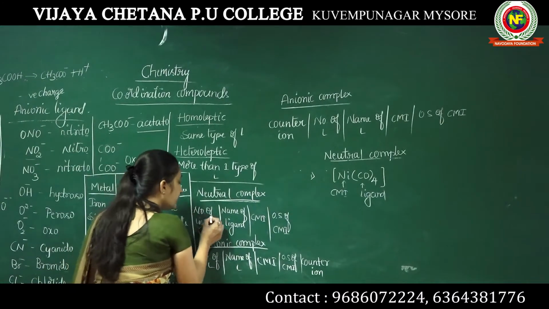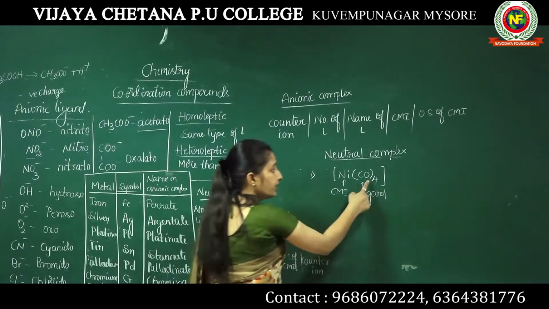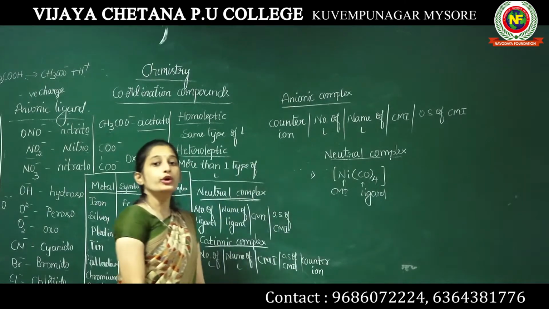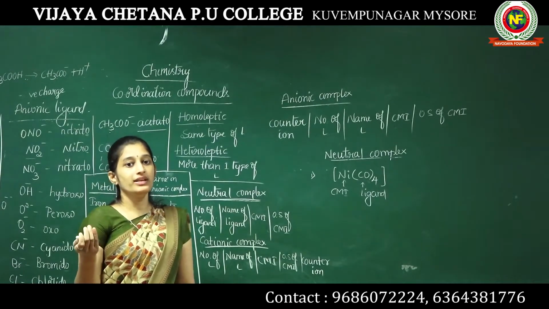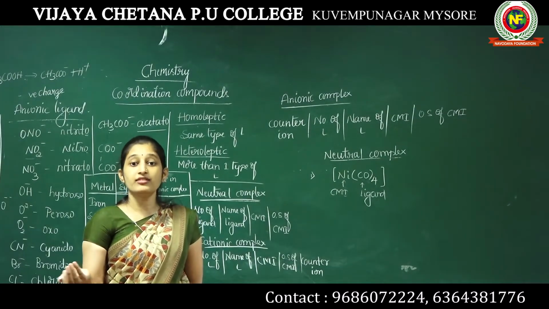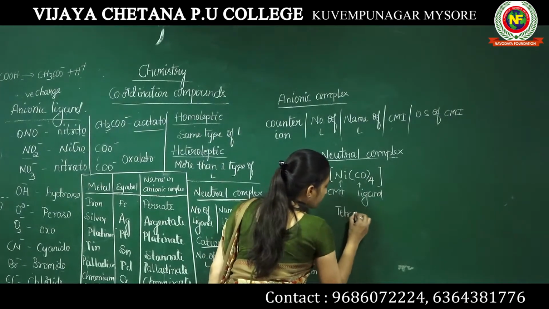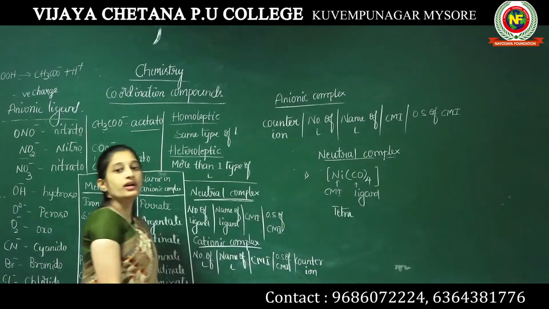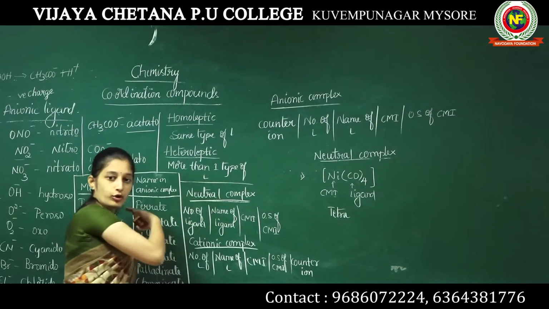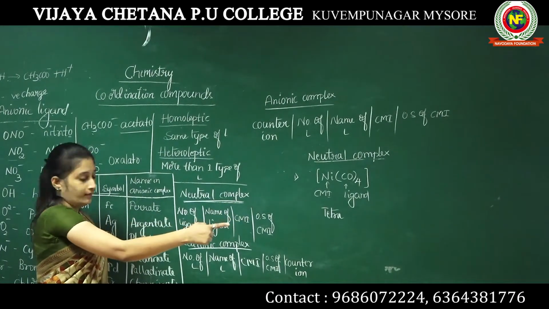After that, the number of ligands. Which one is the ligand? CO. How many ligands are there? 4. Mono means 1, di means 2, tri means 3, tetra means 4. For 4 we should use tetra. So the number of ligands is done: the number of ligands is 4, so I am using tetra.